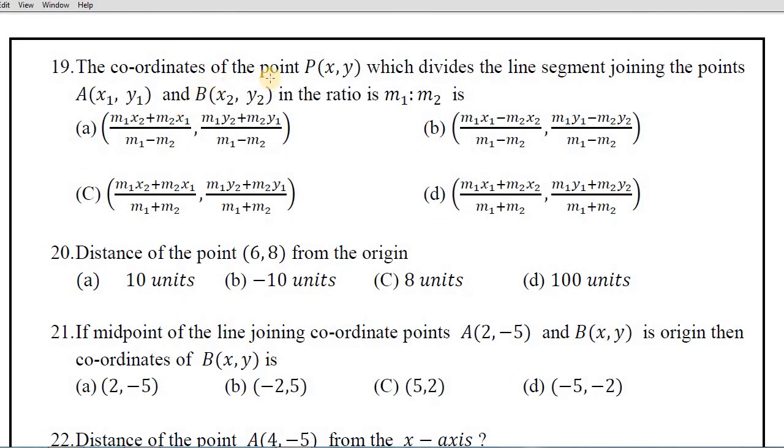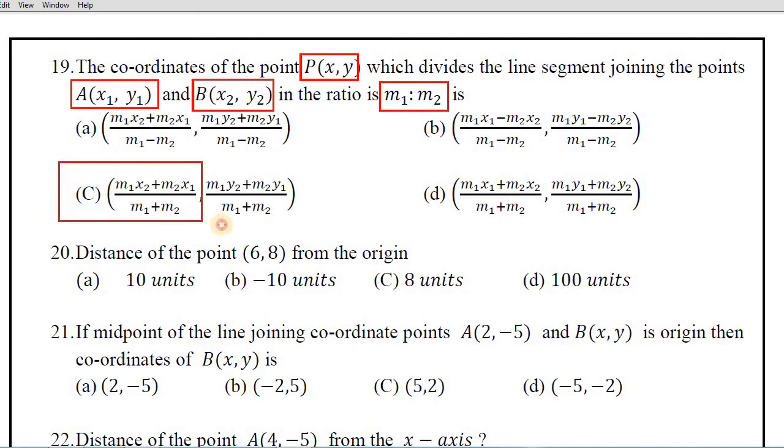The coordinates of the point P x comma y, which divides the line segment joining the points A x1 y1 and B x2 y2 in the ratio m1 is to m2 is. So very important thing here is, children, the point which is dividing the line segment is not midpoint, hence you wanted to write section formula only. So what is the section formula in these four options?